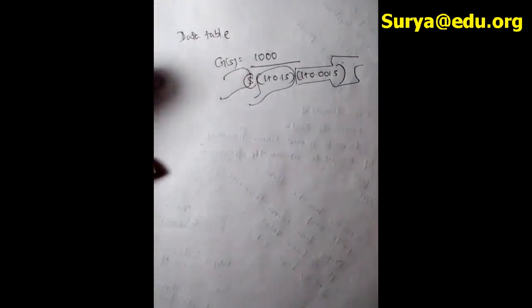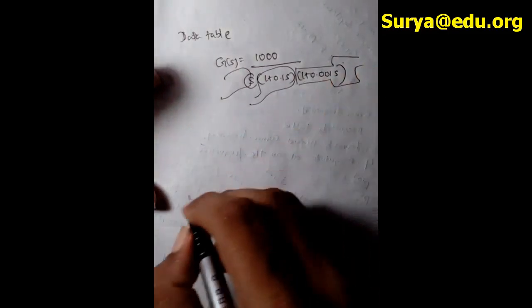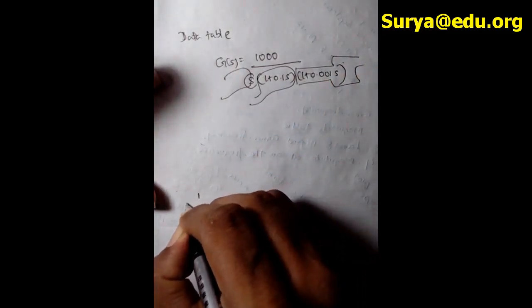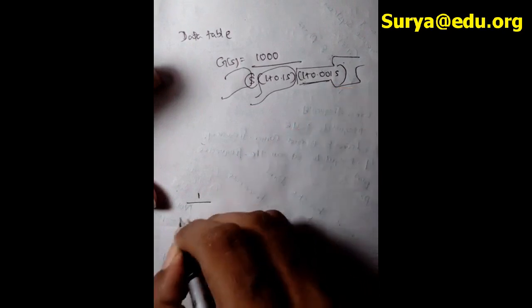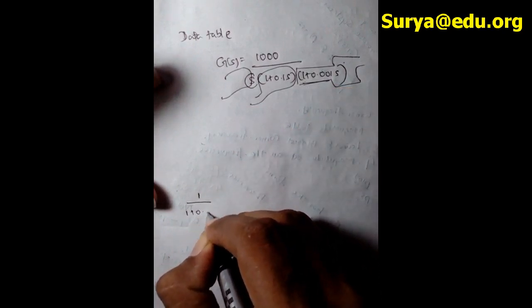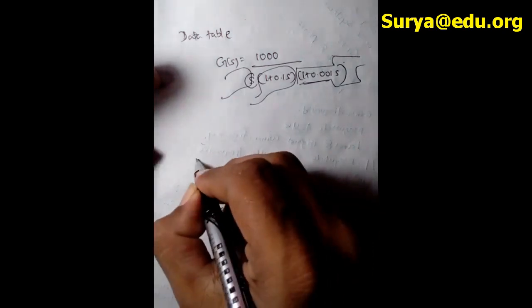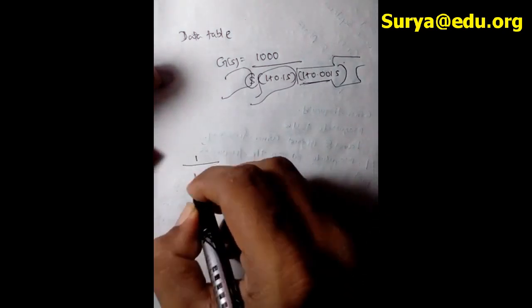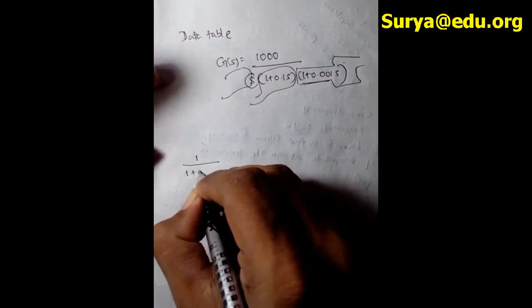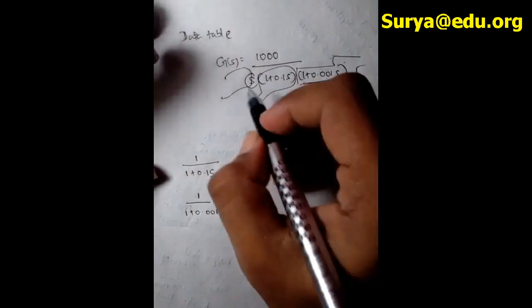Now we can write them. The first component is 1 divided by (1 plus 0.001s). The next component is 1 divided by (1 plus 0.1s). And the next component is this s.